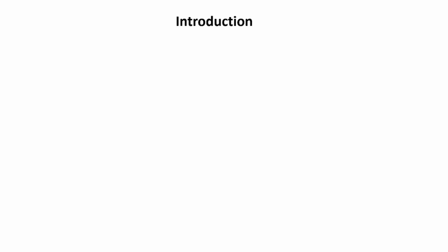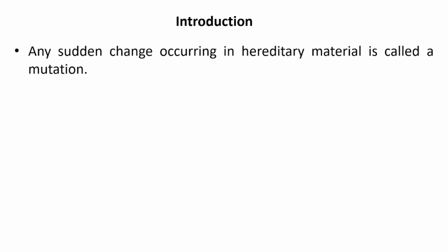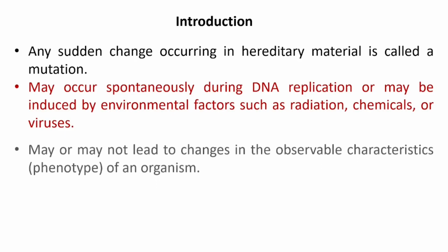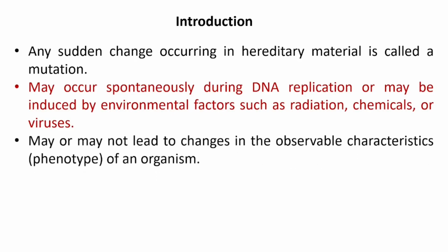Any sudden change occurring in the hereditary material is called mutation. These changes may occur spontaneously during DNA replication or may be induced by environmental factors such as radiation, chemicals, or viruses. Mutations may or may not lead to changes in the observable characteristics, that is, the phenotype of an organism.